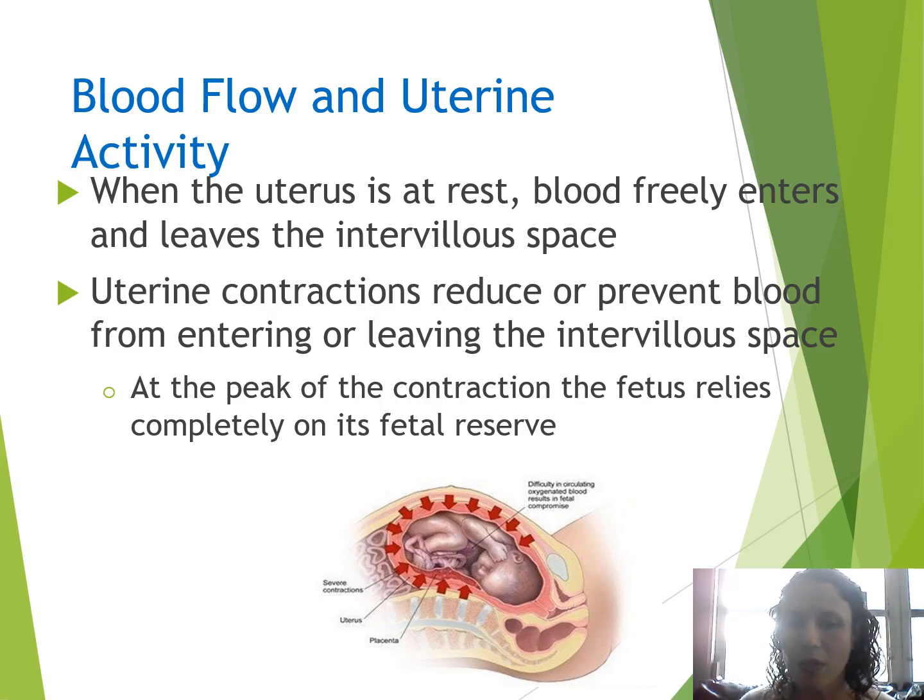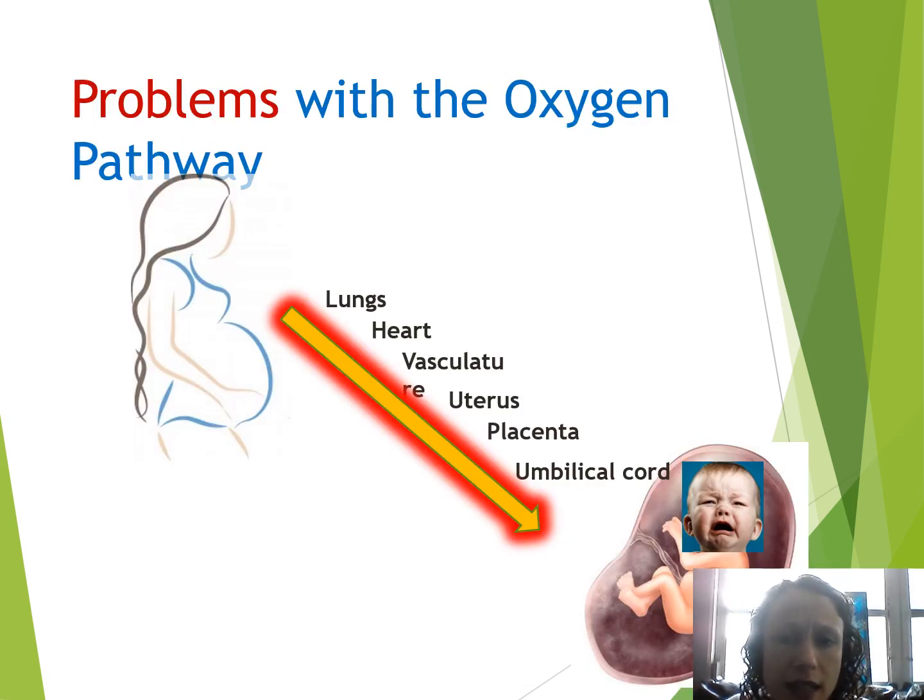So think about just the baby being under this stressful environment, and then now is the baby able to withstand the stress? So if anything's a problem along that pathway, we have a very unhappy baby.